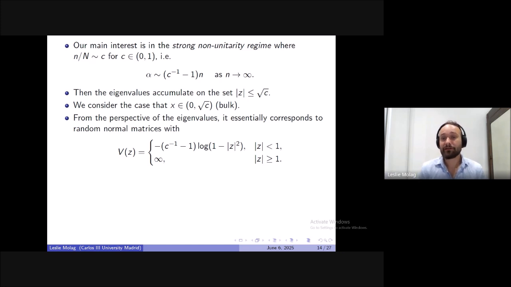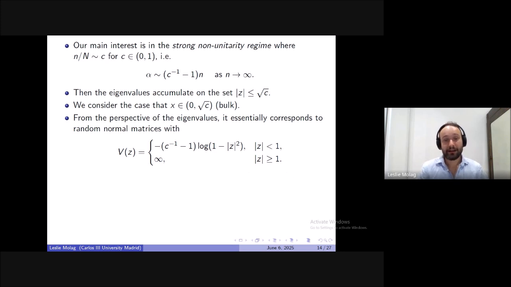From the perspective of the eigenvalues, you could say that this corresponds to a random normal matrix model. The truncated unitary matrices clearly are generated in a different way than the random normal matrices, and they're also not normal in general. But if you purely focus on the eigenvalues, you can describe this in the same way as a random normal matrix model. Then you have to take the following potential that you see here, and you let it equal infinity outside the unit disk.